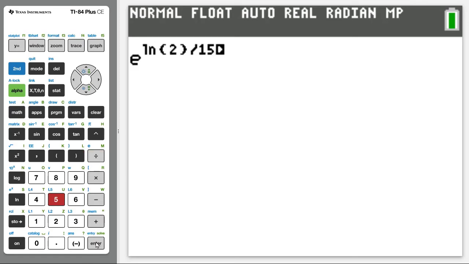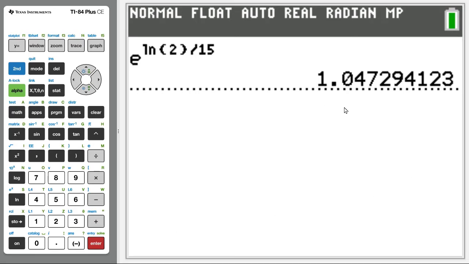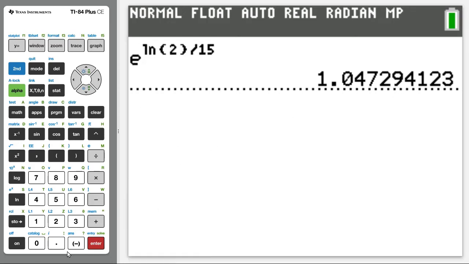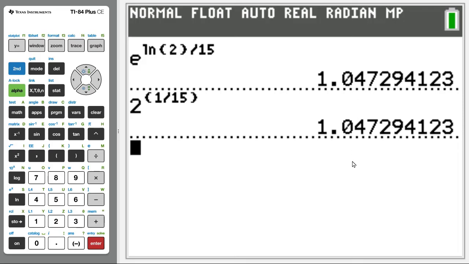This value is 1.04729. That is also the same as what I showed on the board, the 15th root of 2, so that means 2 to the power of 1 over 15. It should be exactly the same value, because they're the same.